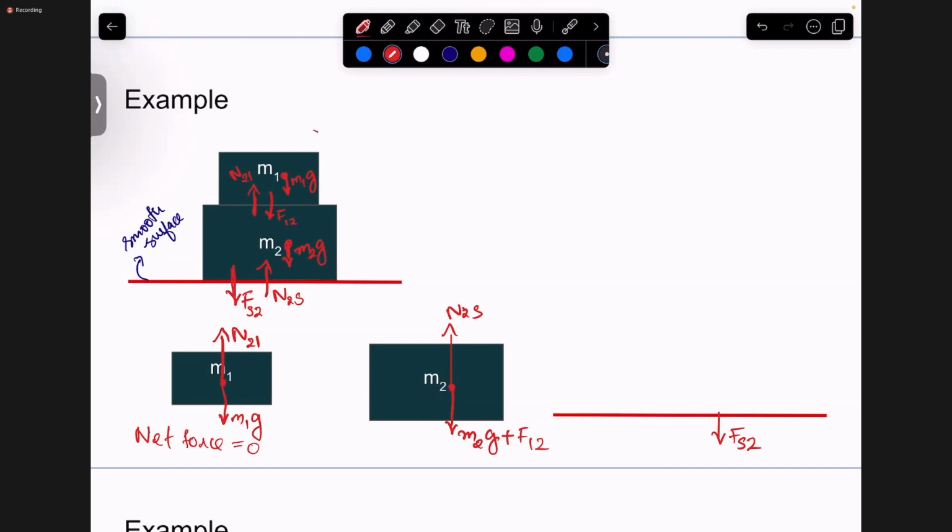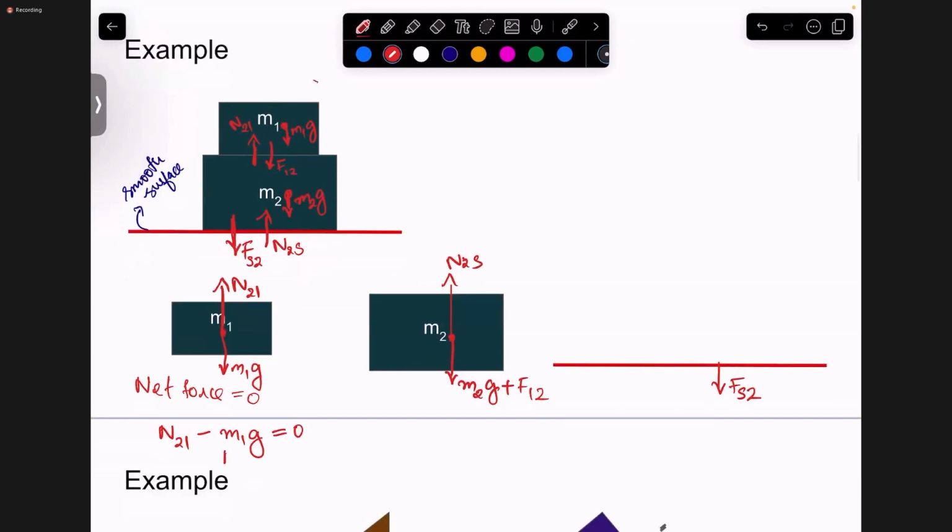That means N21 minus M1G, because they are opposite in direction, is equal to 0. That means N21 equals M1G. So that is one equation.